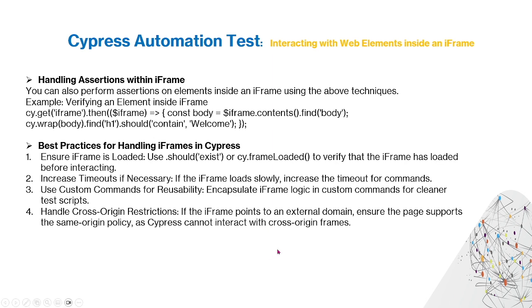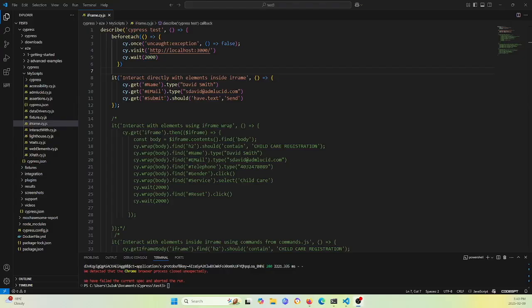Let's start coding. Okay, I open Visual Studio Code. Under my script, I add a new file. I name this new file iframe.cy.js. In this file, I put the Cypress test.